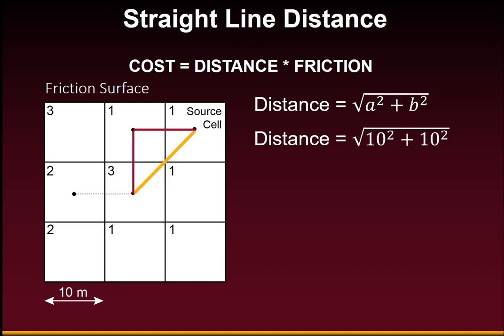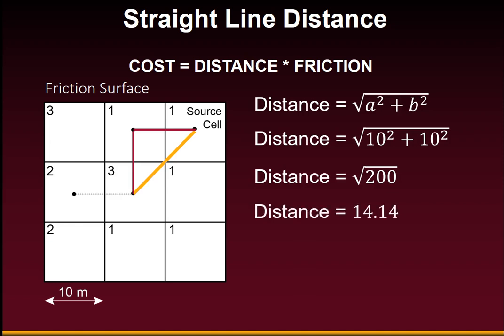Therefore, the size of each leg is 10 meters. We can square those 10-meter values, which gives us a distance of the hypotenuse equaling the square root of 200. The square root of 200 is equal to 14.14. So the distance of the gold hypotenuse is 14.14 meters.